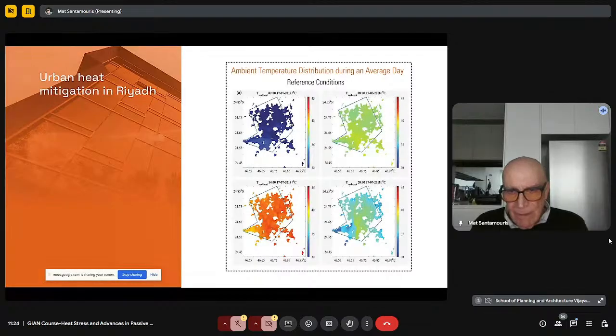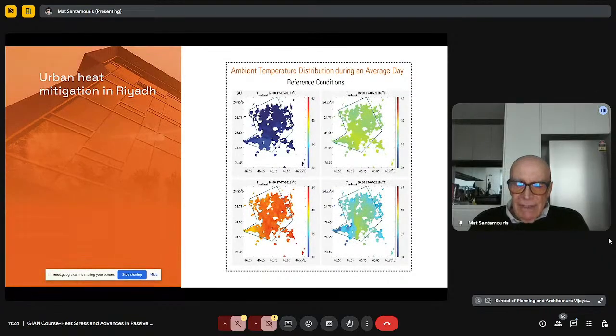During, let's say, the afternoon, 2 o'clock, the temperature is increasing close to 43, 45 degrees. And at 8 o'clock at night, the temperature is always between 35 and 40 degrees. So it's an overheated city, but this was very well known.